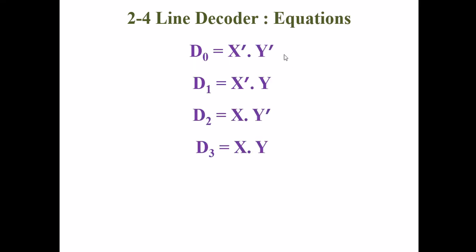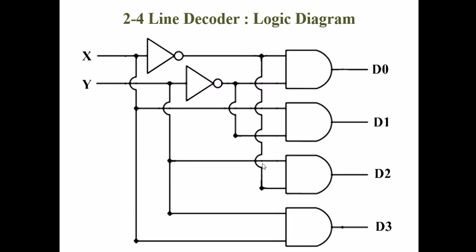This is the mathematical expression for all outputs respectively. D naught representing 0 0, D1 representing 0 1, D2 representing 1 0 and D3 representing 1 1. This is the circuit based on representation of the output equations.